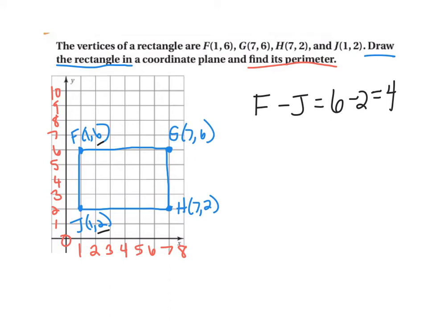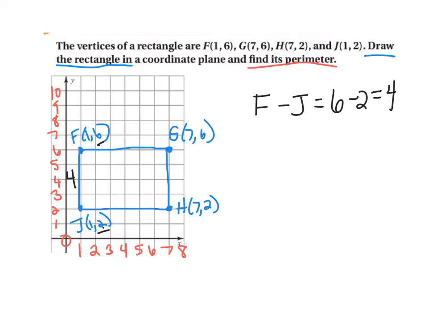That tells me that my distance from F to J was 4, because there was a difference between here and here of 4, and that was because we were over the same number of spots in the x coordinate, and the only change we had was right here.